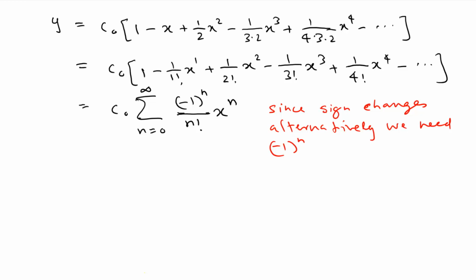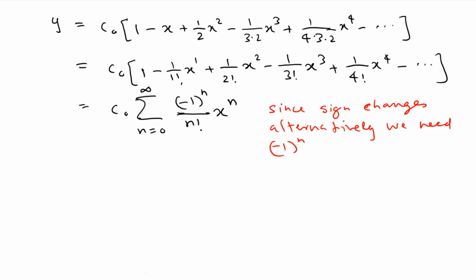Sometimes it is (-1) to the n, sometimes (-1) to the n minus 1, so there are things like that, you have to match it. So in this case (-1) to the n works because when you apply n equals 0, it's (-1) to the 0, that is positive, that means that works with the first term. That's how we figure out that's the case.